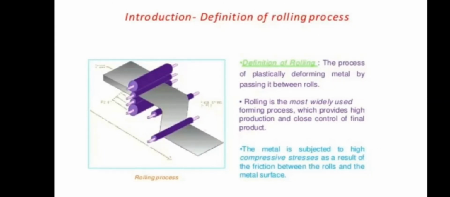So the example is given of production of sheet with the help of rollers. So metal is subjected to high compressive stresses as a result of friction between the rolls and metal surface. The deformation will take place.